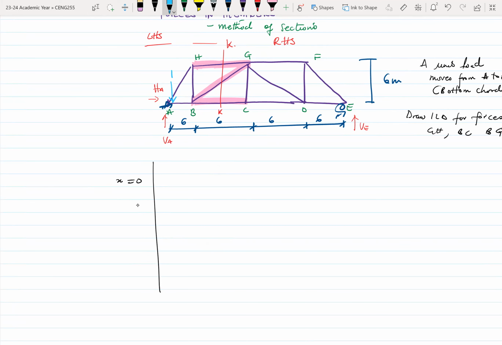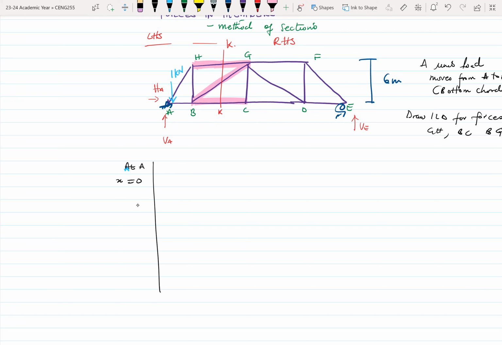Acting right at A, or let's say at A also. So at A, where x is 0, what would be the forces in the members? We know that when we have a load at A, let me take this off so that I can have space.